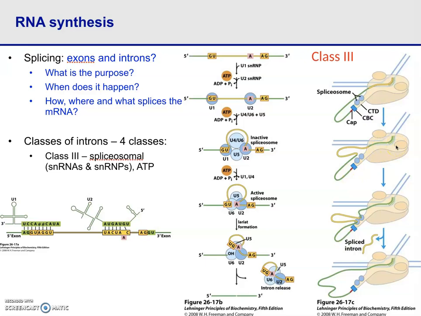So we can have splicing done while transcription is occurring, and we can also have splicing that happens after transcription is done. All right, so that pretty much describes the process of spliceosomal removal of introns.